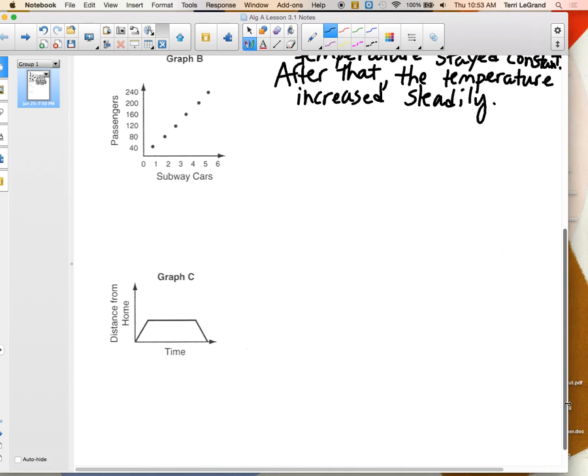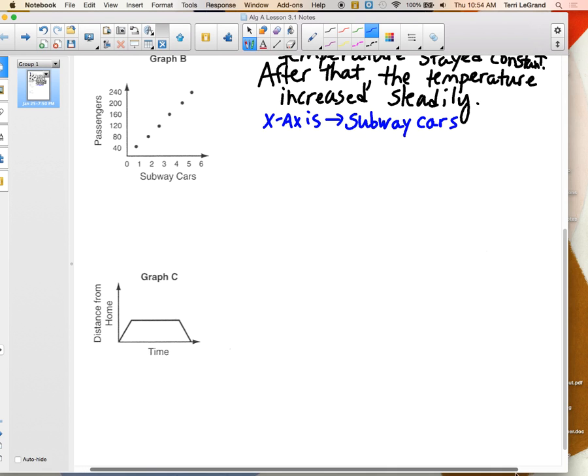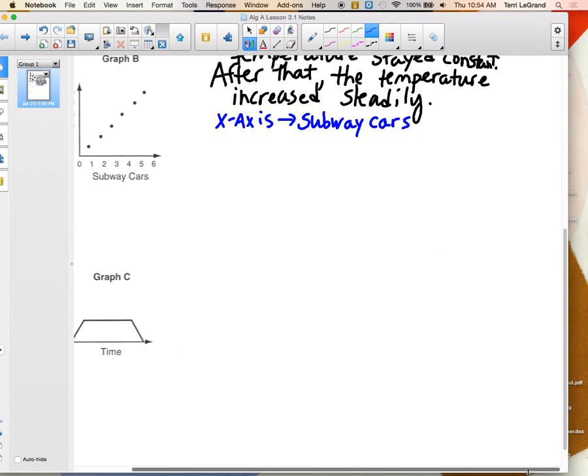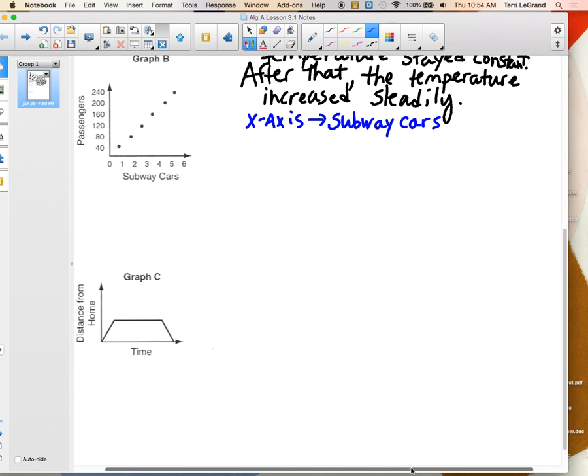Okay, our first move is to say, you know what? I got to talk about what? Subway cars, right? In my story, I got to be talking about subway cars. And on the y-axis, as I'm going along the y-axis, I have to consider that there are passengers.